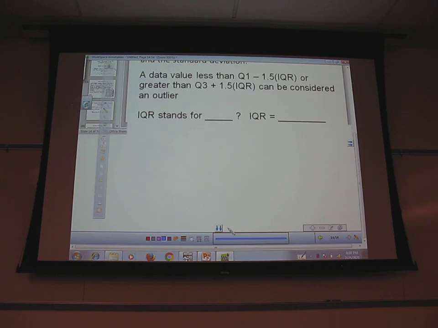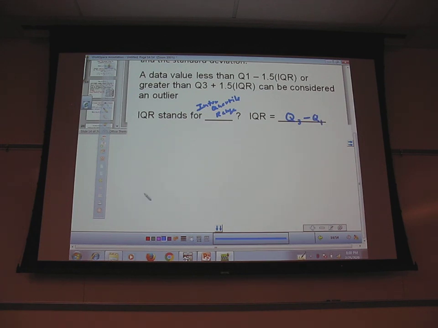Perfect. What does IQR stand for? Interquartile range. How do you find an IQR? Q3 minus Q1. Yep, Q3 minus Q1.